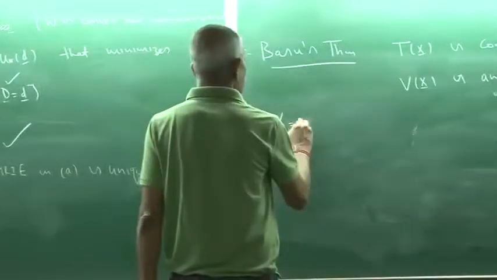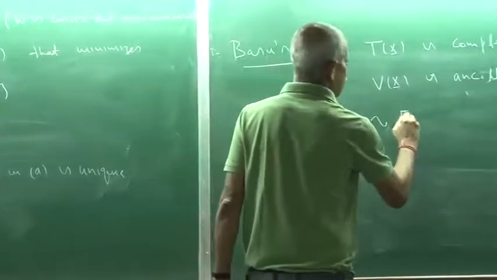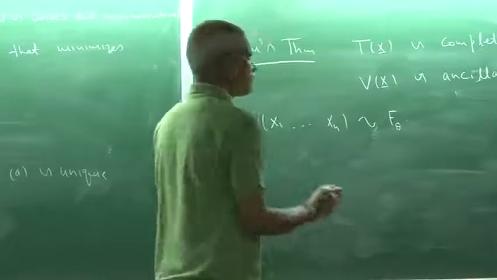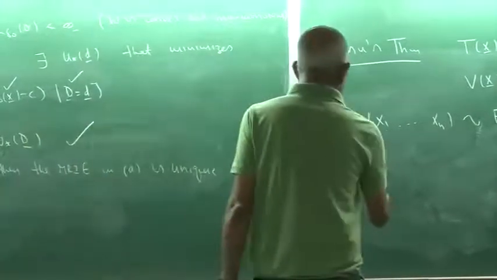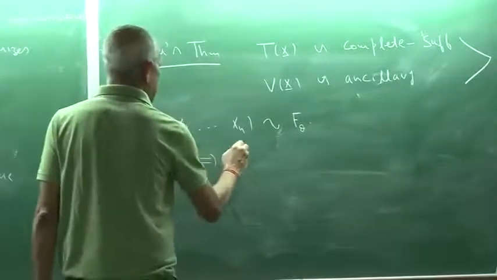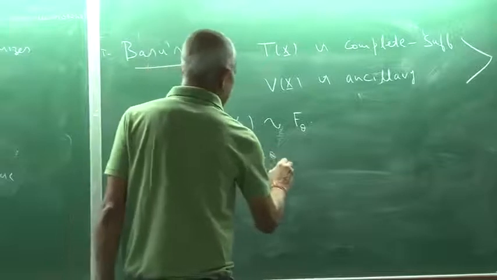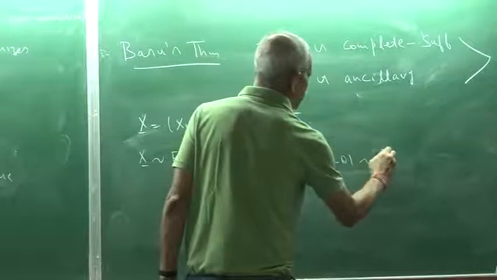To see whether it is ancillary, first try to see what is the distribution of X1, X2, ..., Xn. This has a distribution function F theta. What I have seen is if X has a distribution function F theta, this implies that X1 minus theta, ..., Xn minus theta has the same distribution as F0.